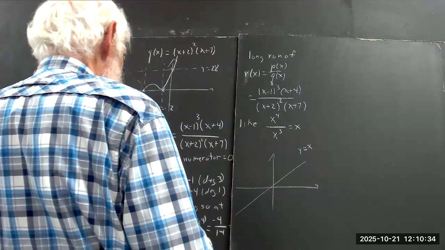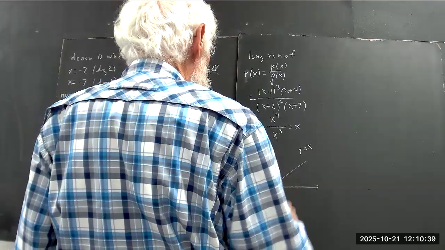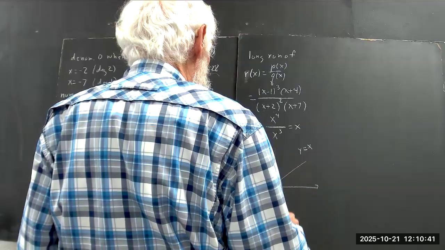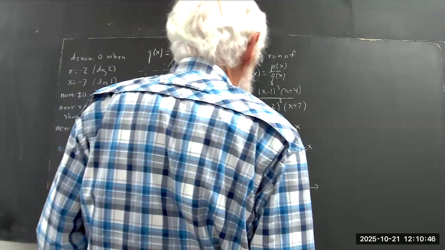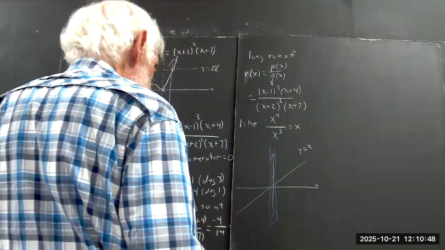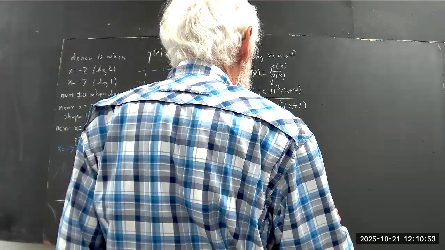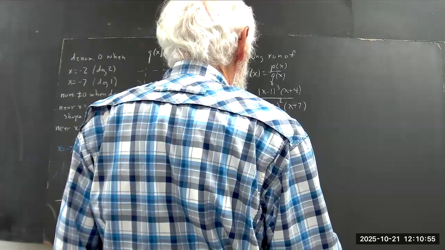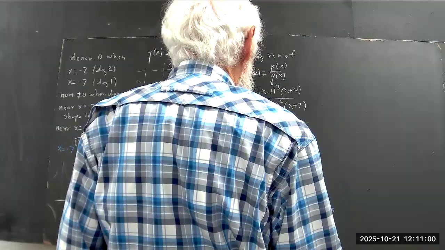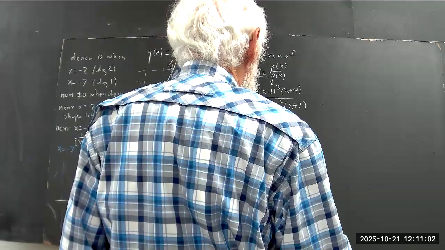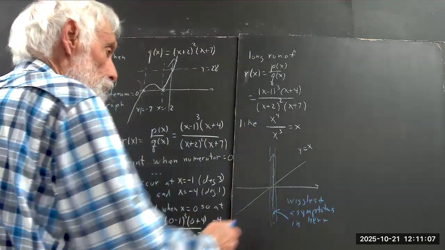It's like y equals x, except that you have this region in here, and I'm going to make this region, that's a very thin region, bounded by a vertical strip, and there are wiggles and asymptotes in here, in this region.